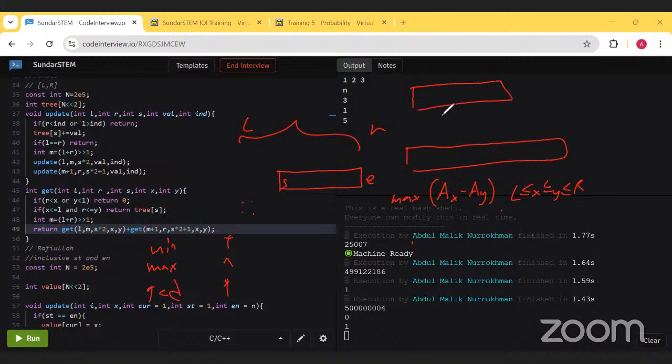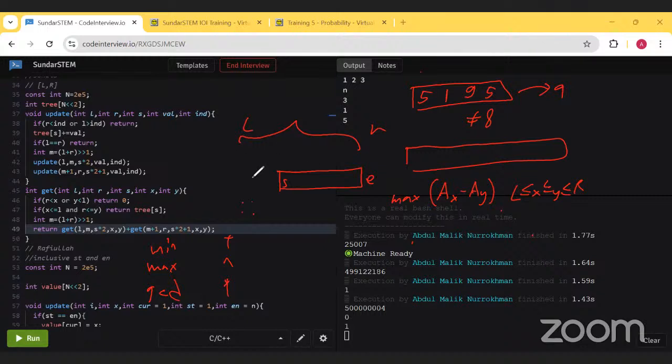So if the array is like this, let's say 5195, then what is the result? If we query here, what is the maximum? 4, that's right. So how to compute it? Using segment tree also. And this is not 8 but 4, since x should be less than or equal to y.